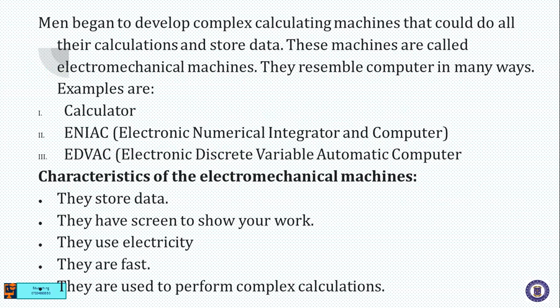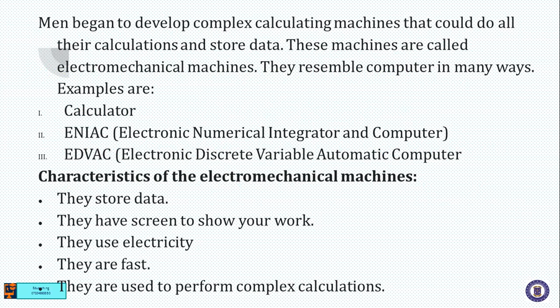So they started inventing different things, which we mentioned, something like calculator. We mentioned other devices that were invented or produced by that time.